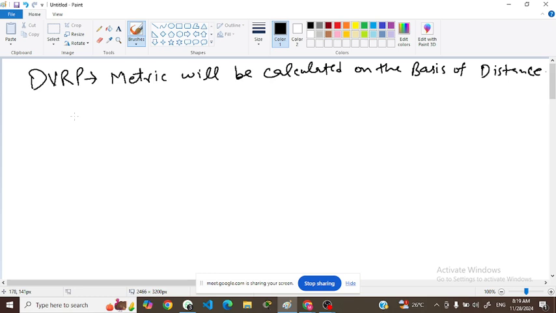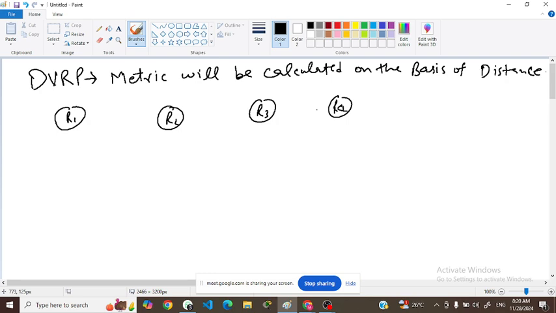So let's suppose R1, R2, R3. What is the exact meaning of metric?